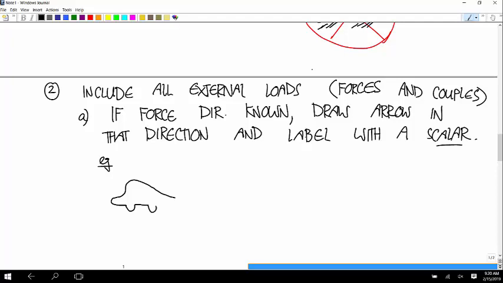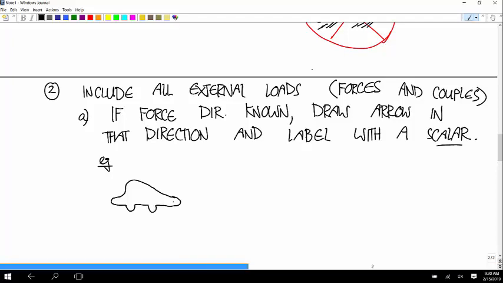So if you're isolating this car, and it's pulling on this car with a cable, you know the direction of that force is to the right, and so the variable you need to associate it with is just the magnitude. It's a scalar.